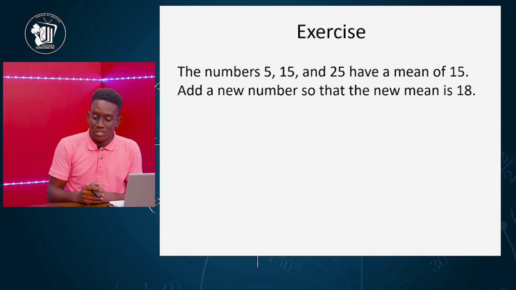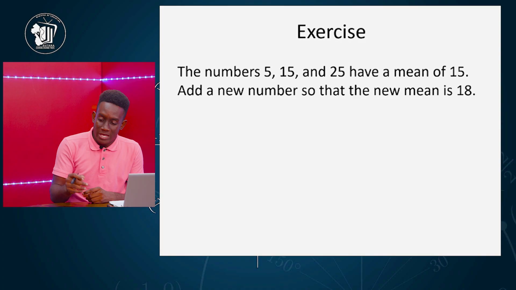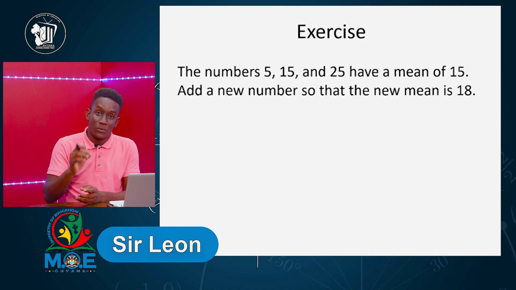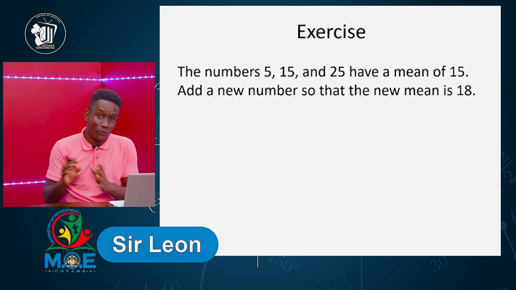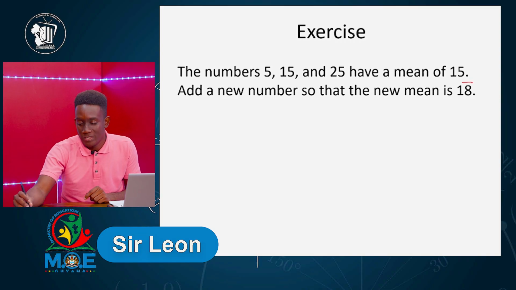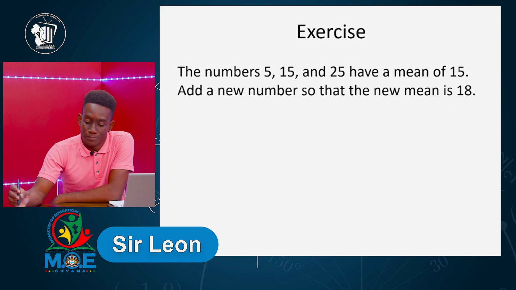This is telling us that when we add 5 plus 15 plus 25 plus another number, and we divide that by 4, since now we'll have 4 values, we should have a mean of 18. That is what they want us to find. What is that new number?